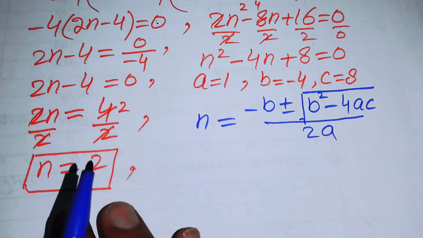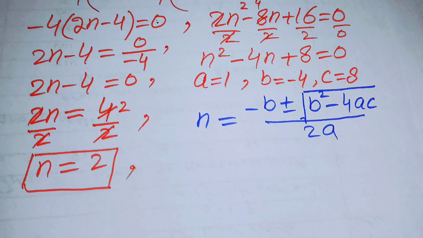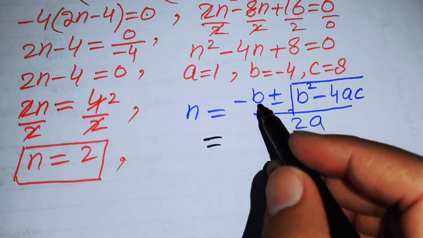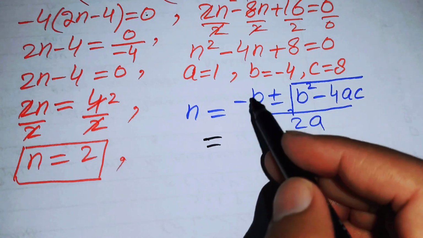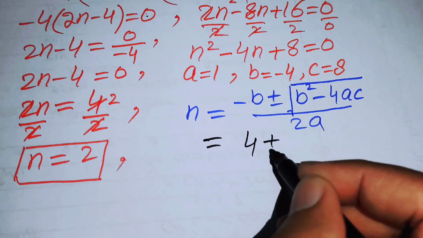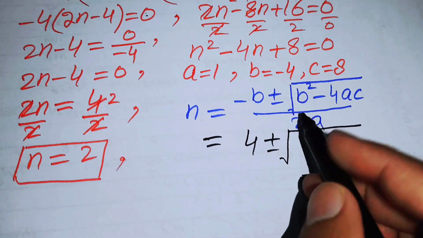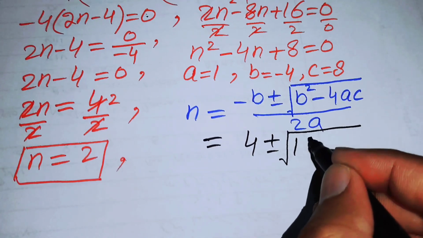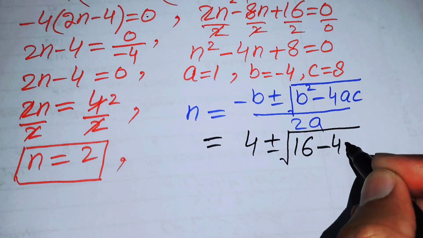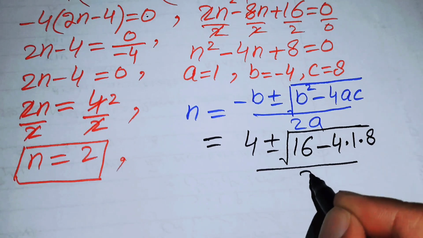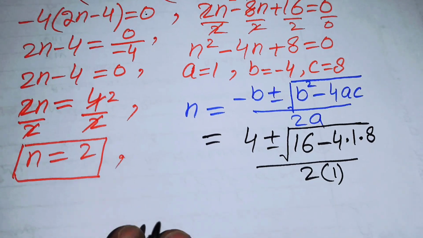So this is our quadratic formula, and now we can put the values of a, b and c in this formula, and you will get minus b, and when you put b is equal to minus 4 here, this minus and minus will become plus 4, and this is plus minus square root of b square, and b is minus 4, so minus 4 square is equal to 16, minus 4 times a is 1 and c is 8, and this whole over 2 times a is 1.